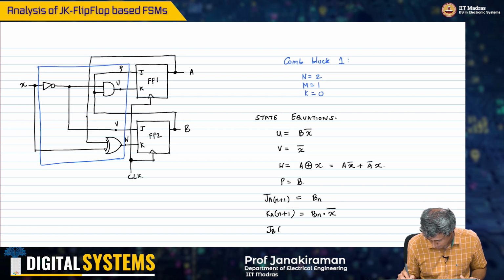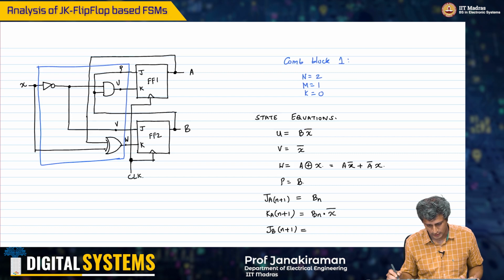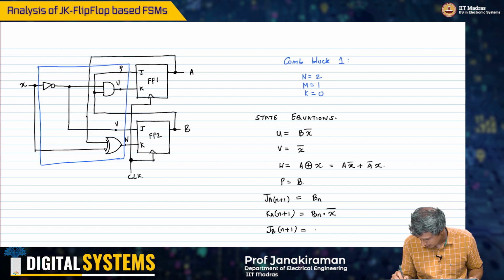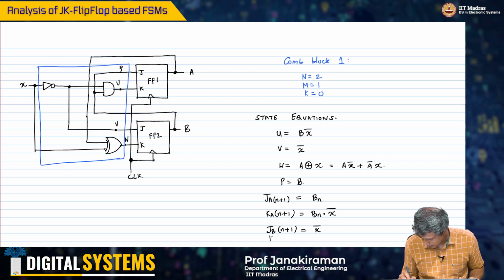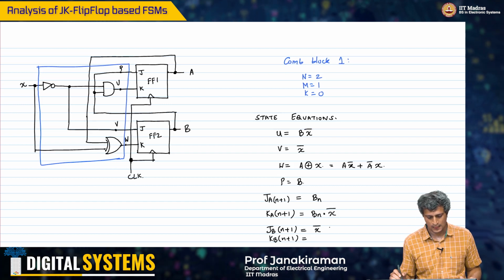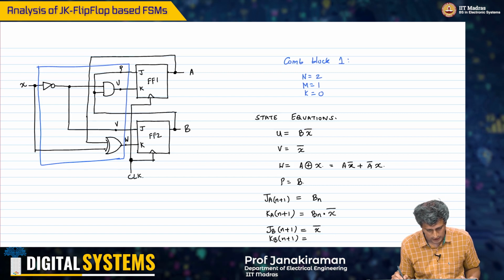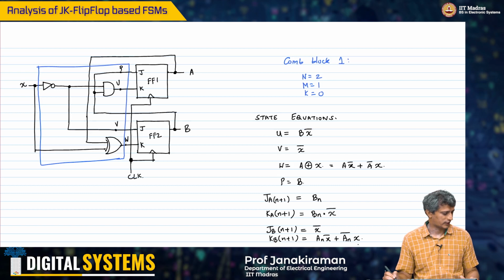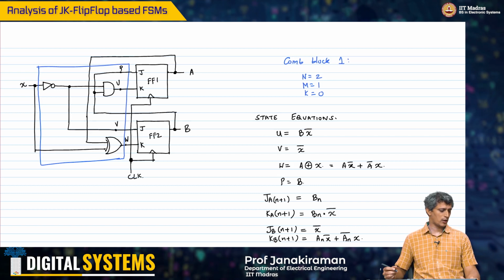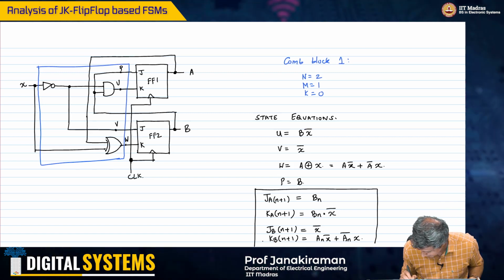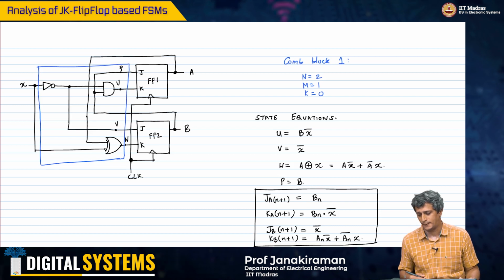Likewise, Jb of n plus 1 is going to be just X bar, and Kb of n plus 1 is going to be the XOR between A and X, so An X bar plus An bar times X. And effectively this defines our state equation completely.